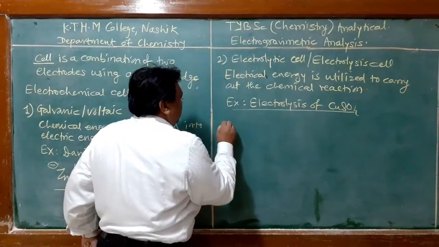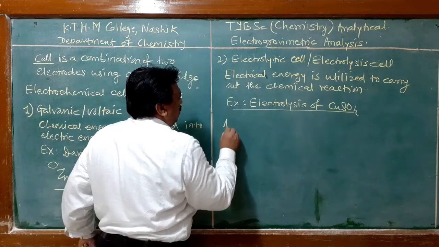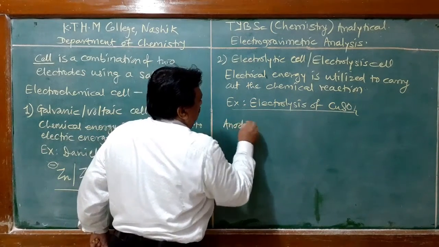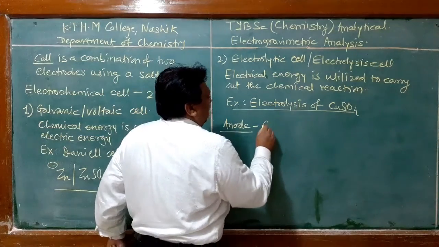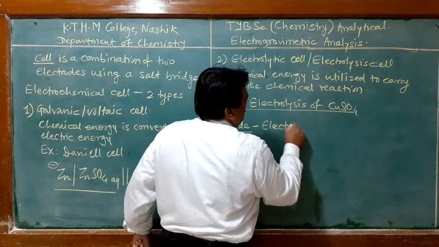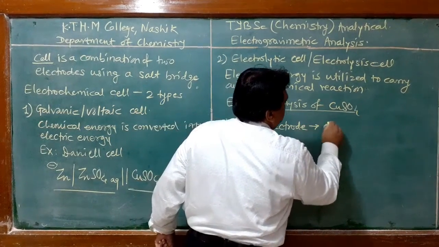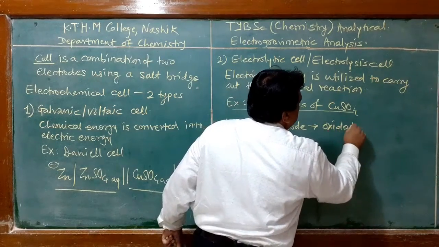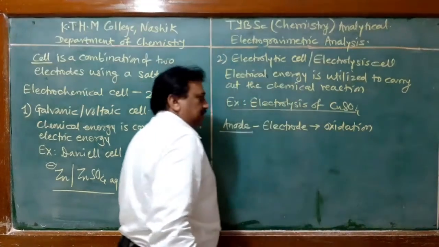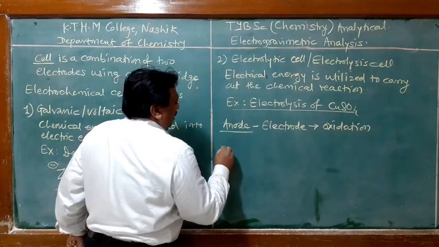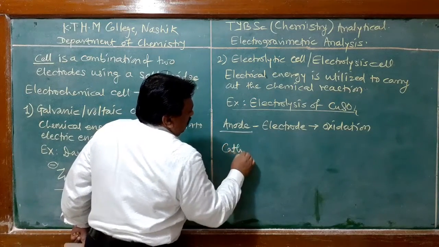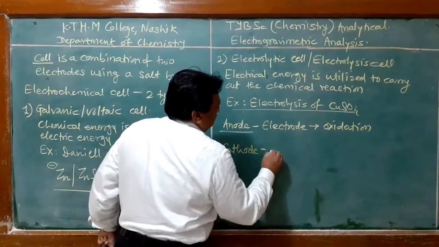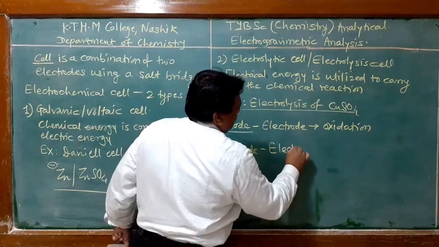In both of these cells, the electrode on which oxidation occurs is called the anode. The electrode on which reduction takes place is called the cathode.